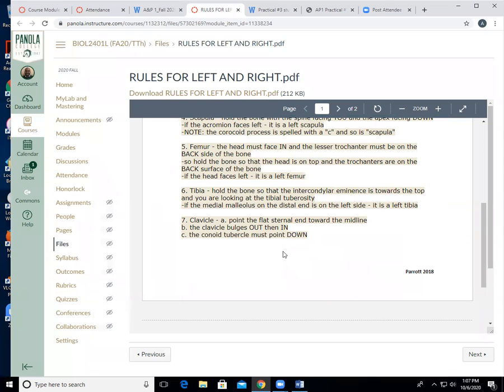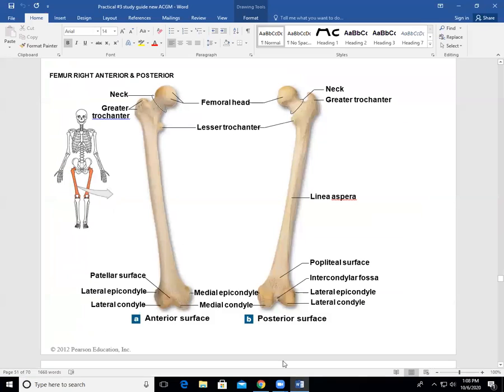So it tells you here if the head must face in, the lesser trochanter must be on the back side of the bone. All right, so looking at it based on the trochanters. I mean, personally, I would look at it based on the condyle. Yours, yeah, so this is your anterior surface, right?